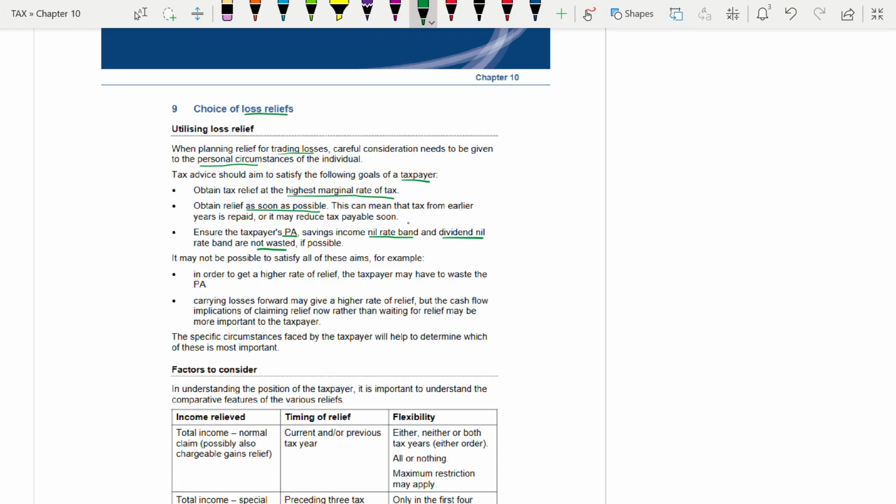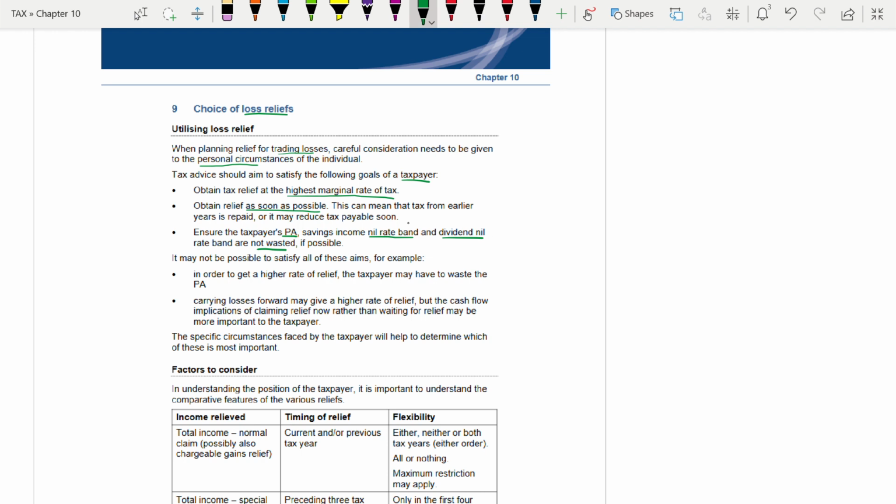Once you are a tax professional, this is the advice you will give to your clients, how each and every option can be used to reduce the tax.